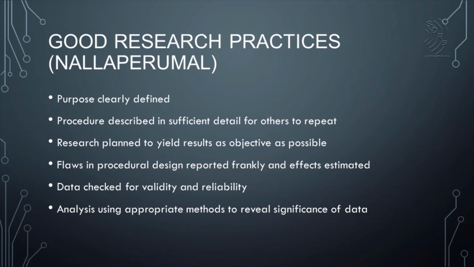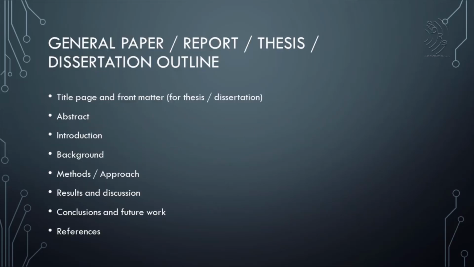Also, it's desirable to check data. If you see anything highly unusual, consider whether it's really valid data. Statistical methods can be useful at this stage, and analyze the data in a way that's appropriate to reveal significance of the data.